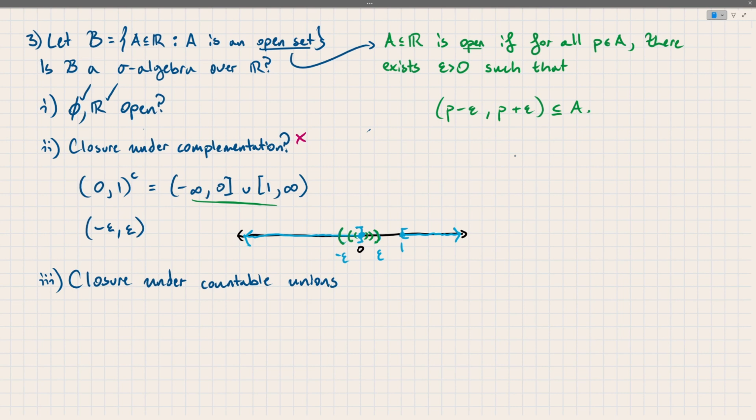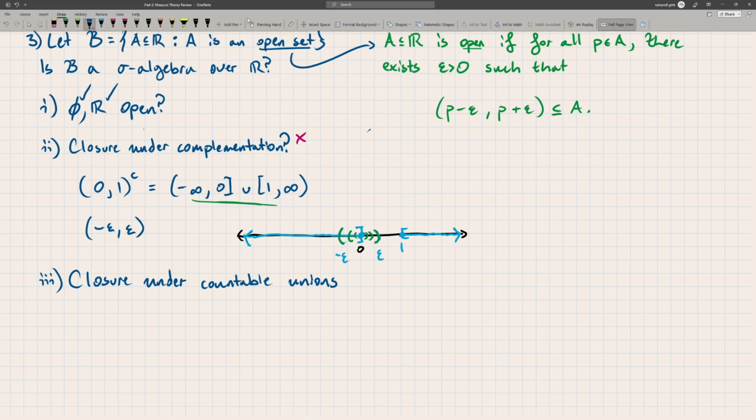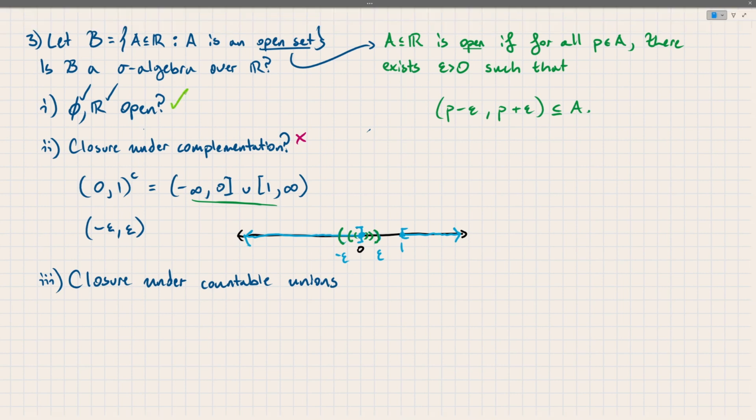Why? Because we know, this is from analysis, that any union of open sets is itself open. So this collection contains the empty set and R, and it's closed under countable unions. It's not closed under complementation, and therefore it's not a sigma algebra.